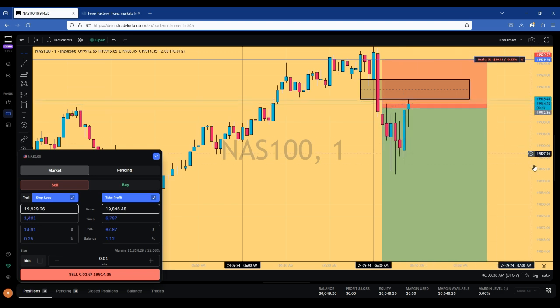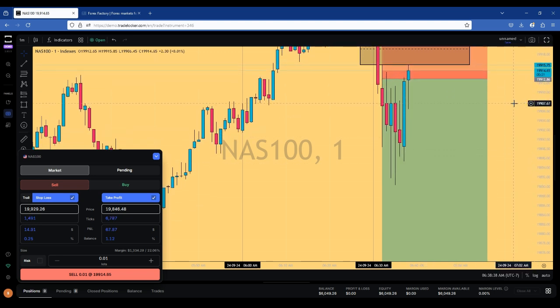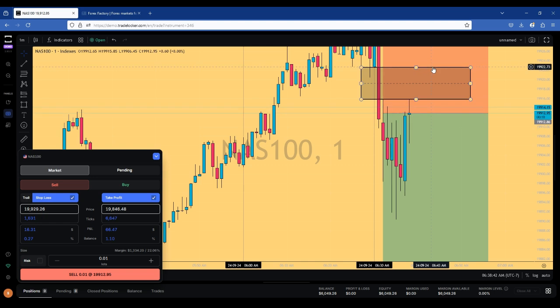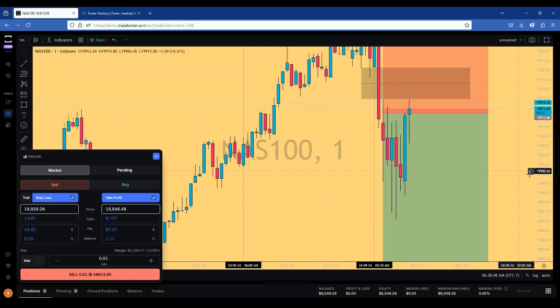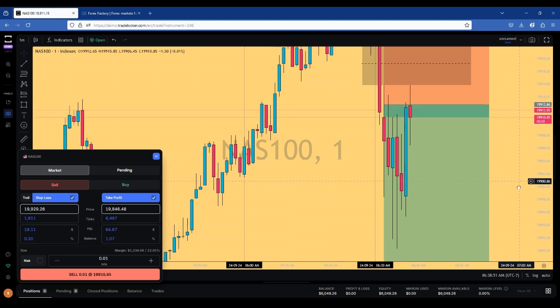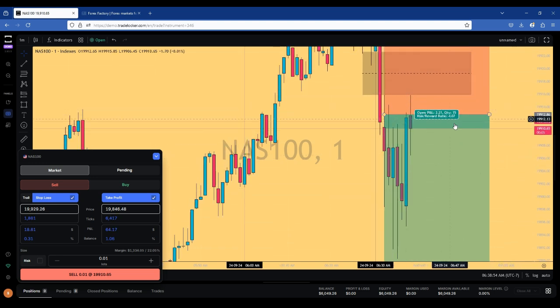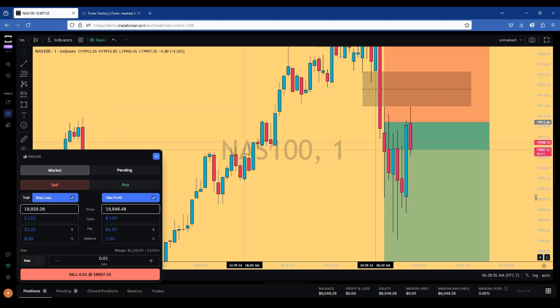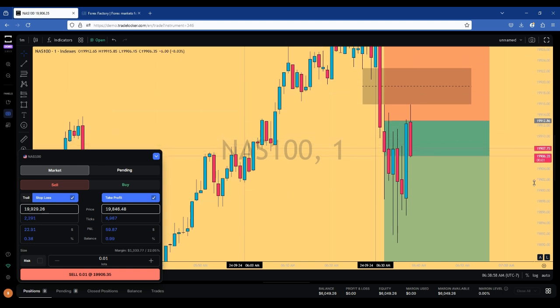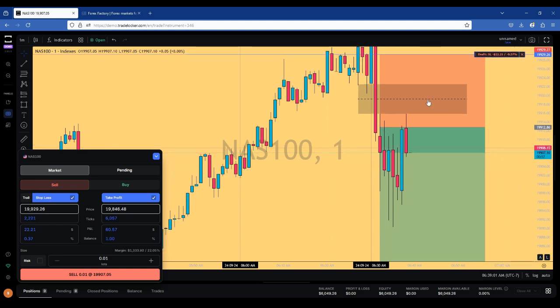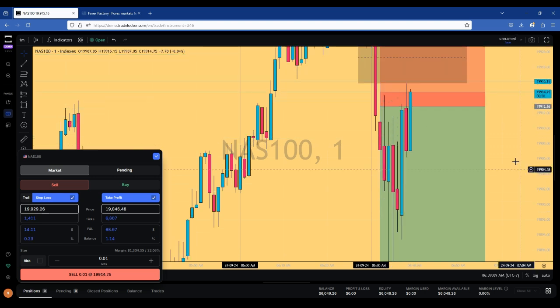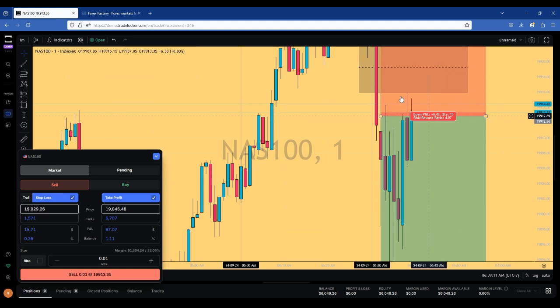Alright, here we go. We tapped just barely into that. But it looks like we stayed outside of it, so we didn't quite go inside that level.